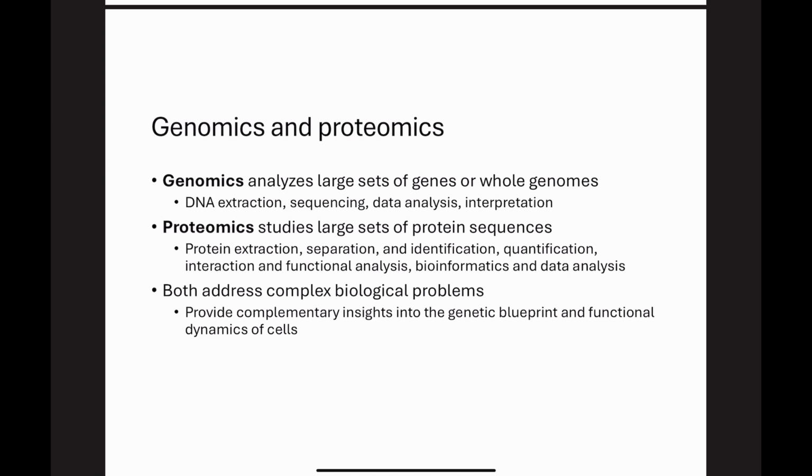Similarly, proteomics focuses on analyzing large sets of protein sequences, which allows us to understand protein structures and how these proteins interact within an organism. Together, they address complex biological problems by providing complementary insights into the genetic blueprint and functional dynamics of cells, which enable a deeper understanding of disease mechanisms, biological processes, and even potential therapeutic targets.